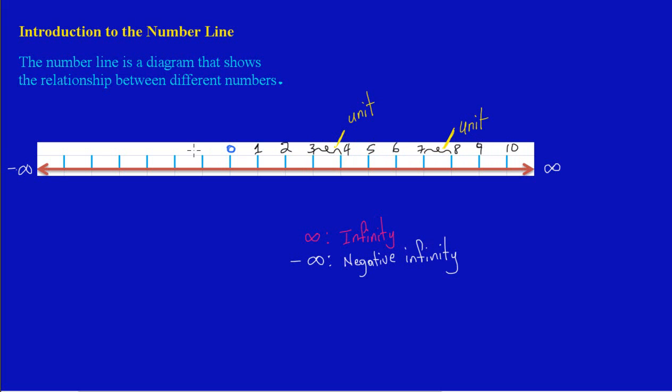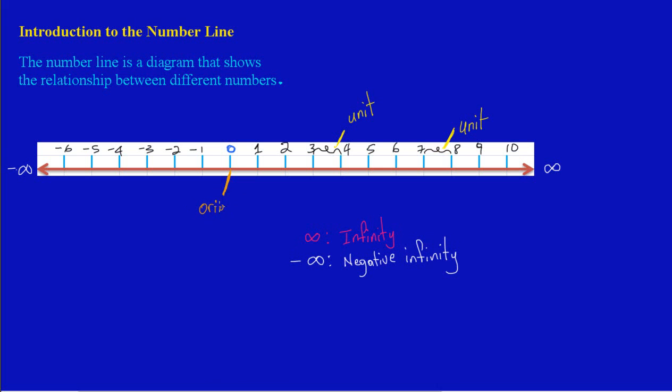On this side of 0 now, I'm going in a negative direction, so I would have a -1, -2, -3, -4, -5, and -6. Okay, now another important note to make is that where 0 is located, this point here where 0 is located, has a special name. It is called the origin.